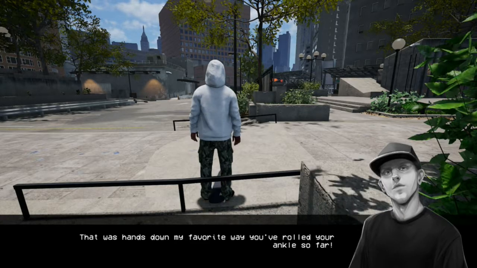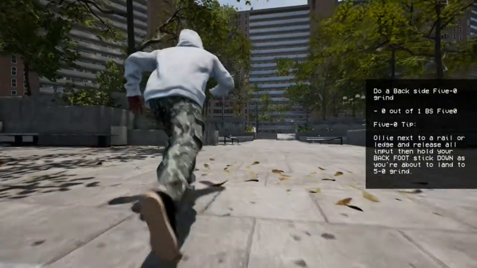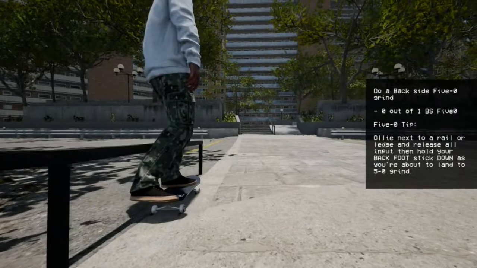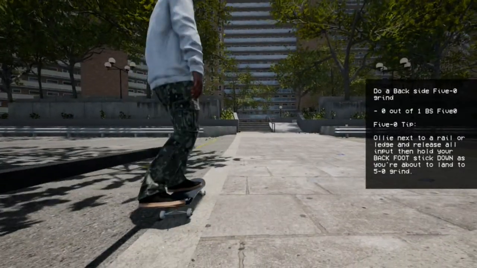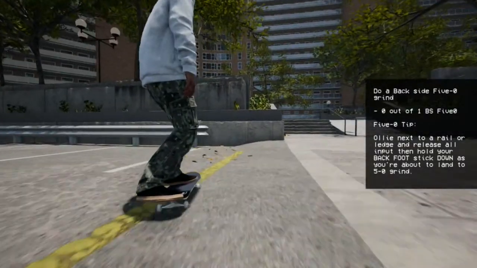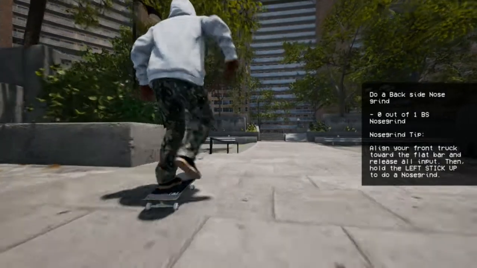Okay. The ollie thing is... Oh, I see. I'm not turning though, what the heck? Yeah, it's a little complicated.